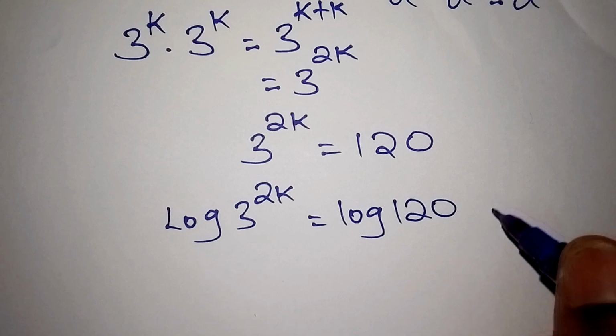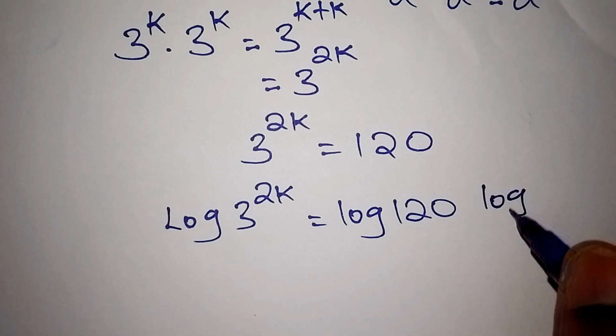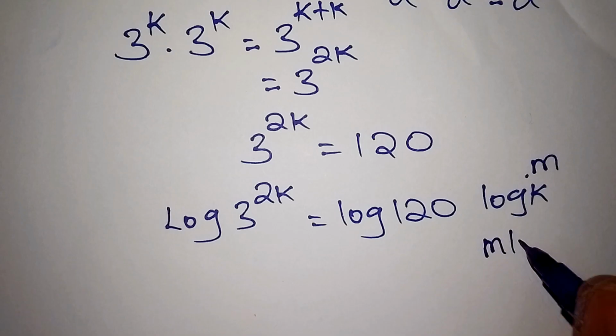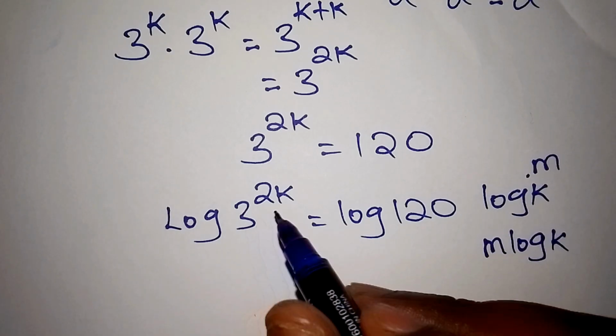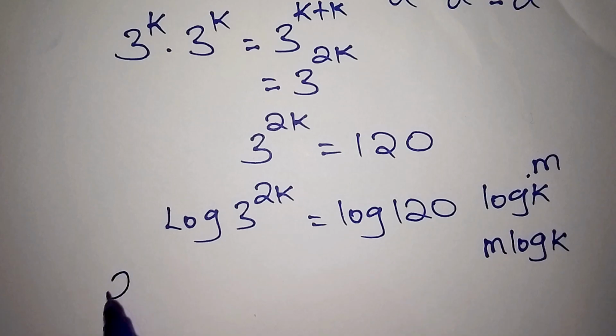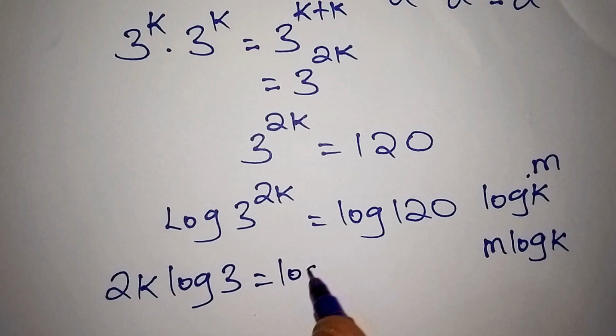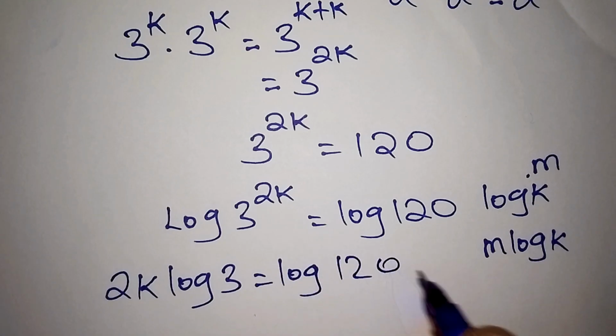From here, the log of k to the power of m can be written as m times the log of k. So the log of 3 to the power of 2k is written as 2k times the log of 3, equals the log of 120.